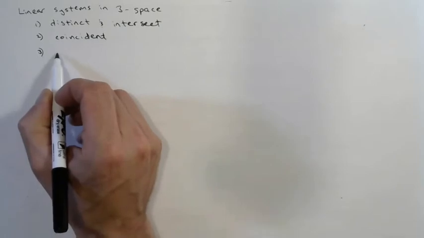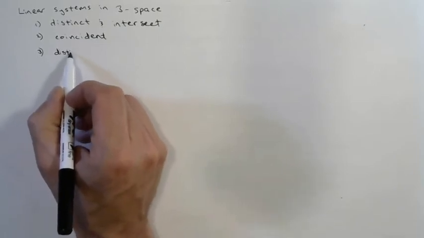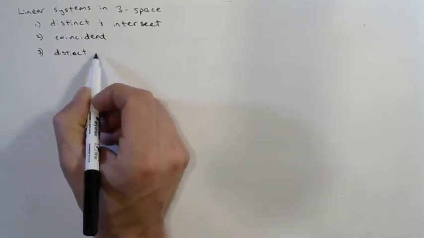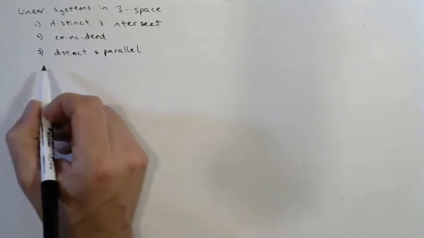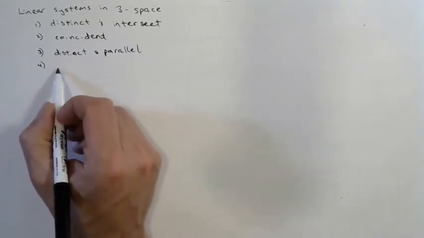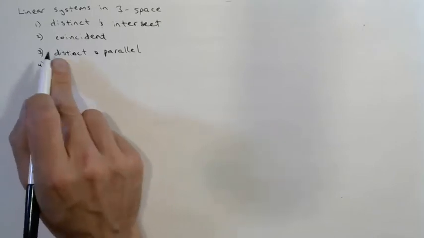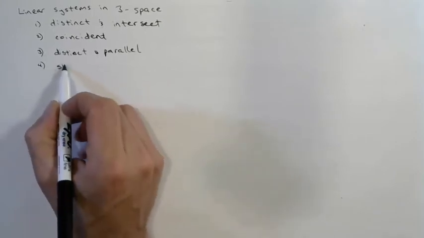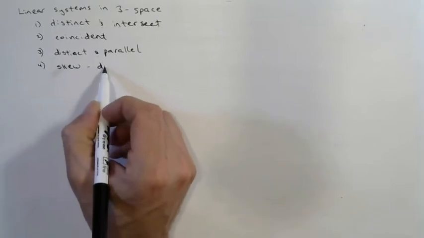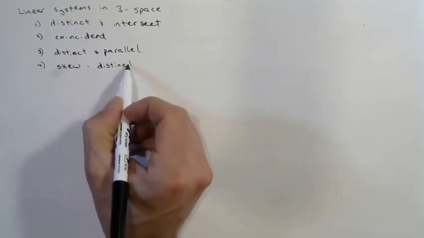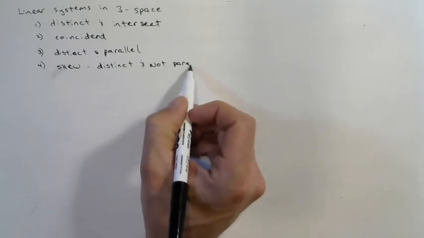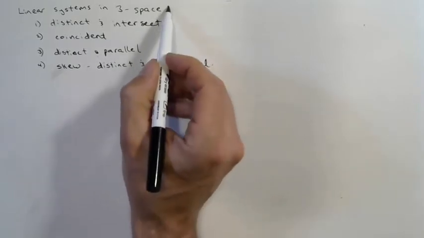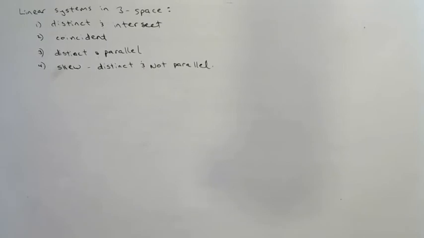They can be distinct, so 2 different lines, and parallel, in which case they will not intersect. And they can be skew, which is distinct and not parallel.